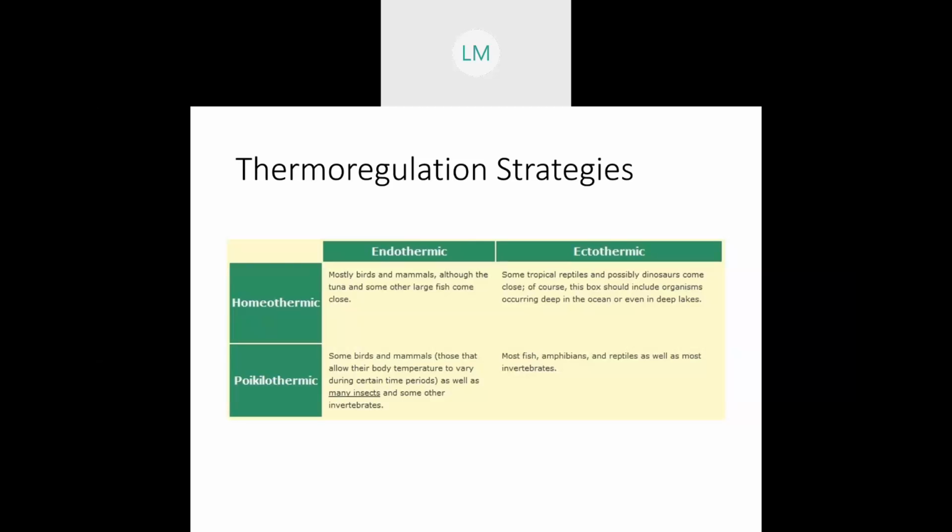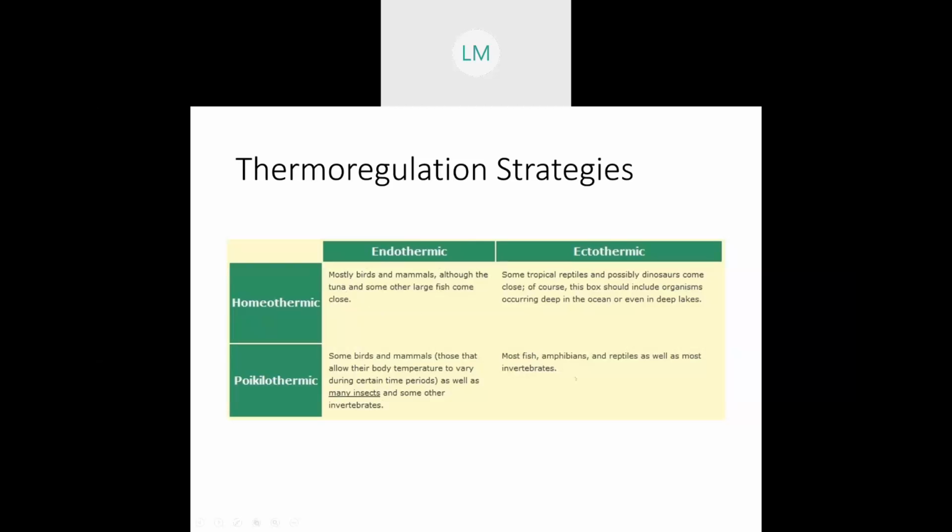So if you are a bird or a mammal that maybe goes into some sort of hibernation or torpor, where you are kind of shutting down some of your body processes, your body temperature might drop. So we're not maintaining a constant body temperature in that instance. So we can see that happen here. But most of the time, if you're endothermic, you're also homeothermic.